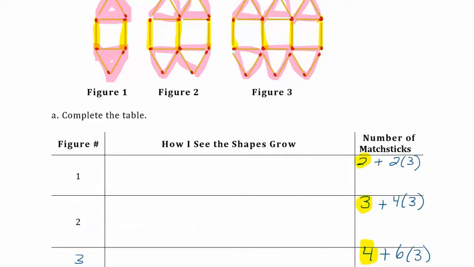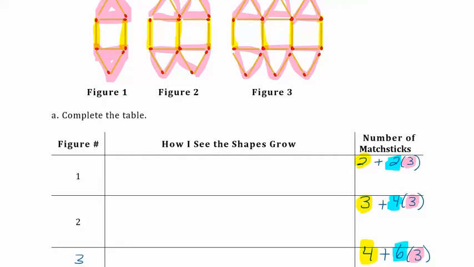All right, what about the triangle part of this counting? Well, the 3 stays the same, right? So that's always going to be a 3. In my formula then, that's going to be a 3. If I'm figuring out the number of matchsticks in the 10th figure, that's going to be a 3. Now I'd have to figure out this number right here. How do I get this number? We can see it's increasing by 2 each time.